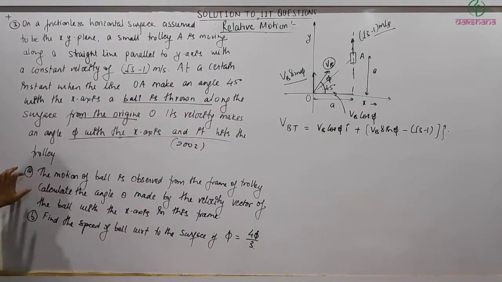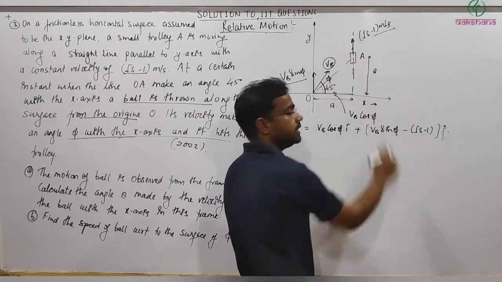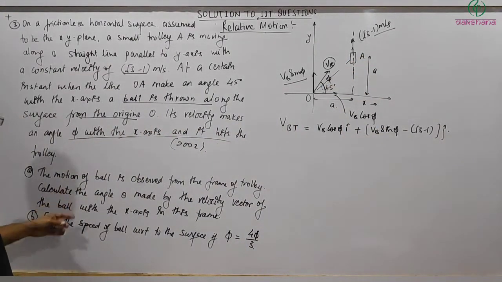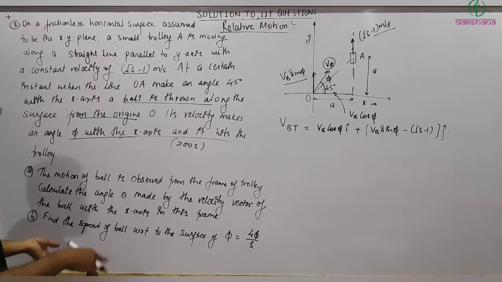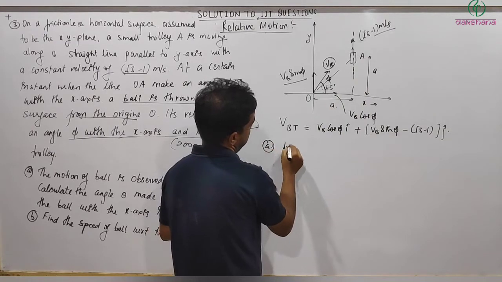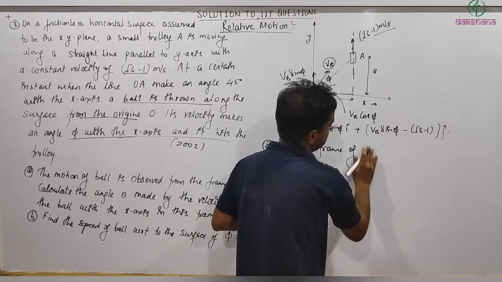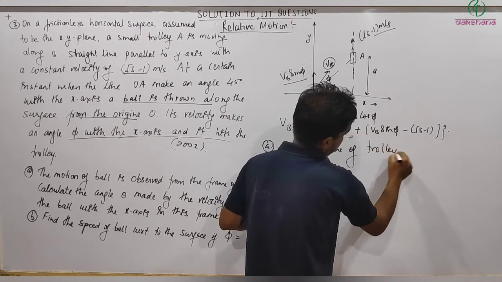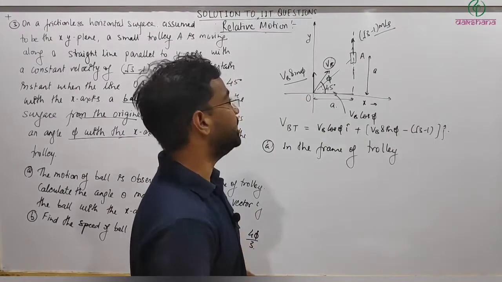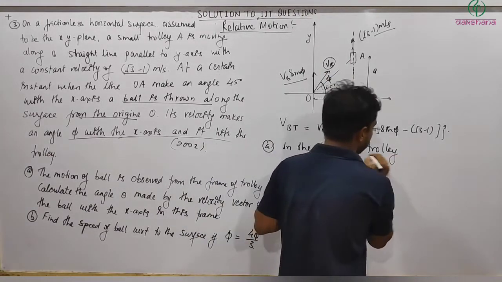Let's see part A. The motion of the ball is observed from the frame of the trolley. We have to calculate the angle theta made by the velocity vector of the ball with the x-axis in this frame, the frame of the trolley.